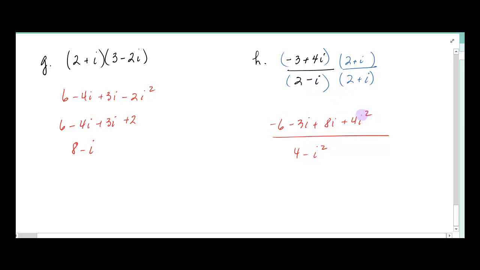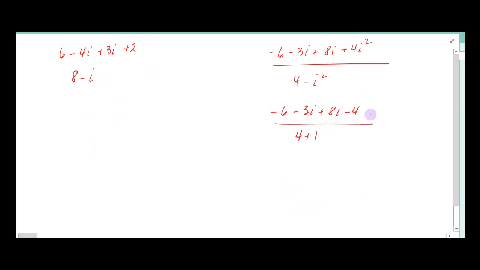So up here in the numerator, we still have a negative 6 minus 3i plus 8i, and then i squared is a negative 1 times a 4, which would be negative 4. In the denominator, i squared again, negative 1 times a negative would be a positive 1, so that would be 4 plus 1.